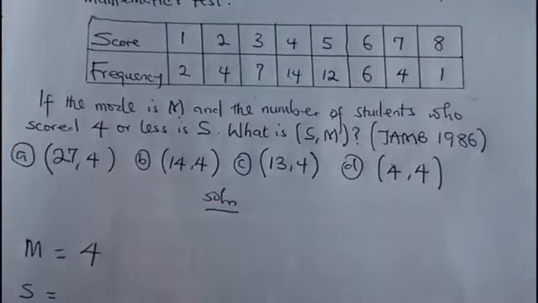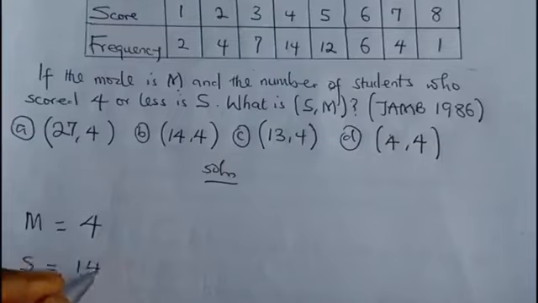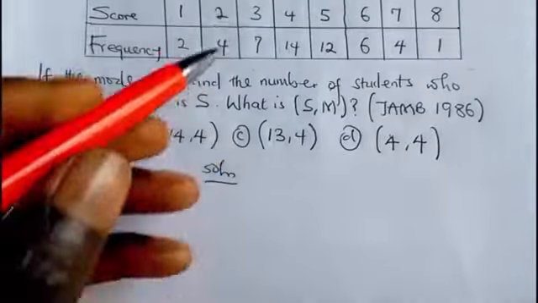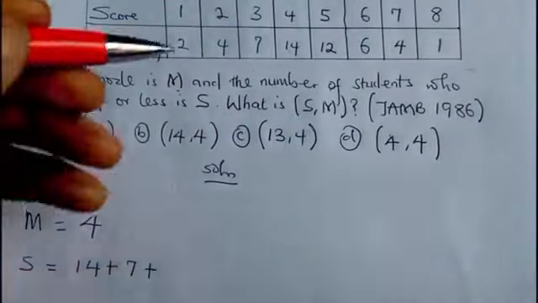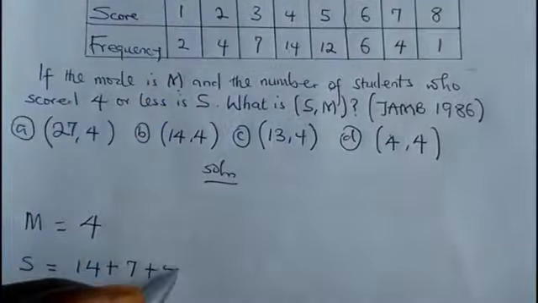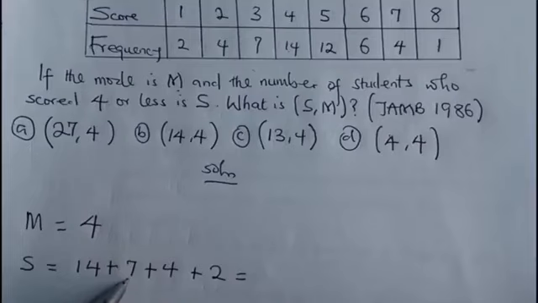So the number of students that scored 4, exactly here we have 14. The number of students that scored 3, we have 7. The number of those that scored 2, we have 4. While those that scored 1, we have 2. When we sum this up, 14 plus 7, we have 21. 21 plus 4, we have 25. 25 plus 2, we have 27.